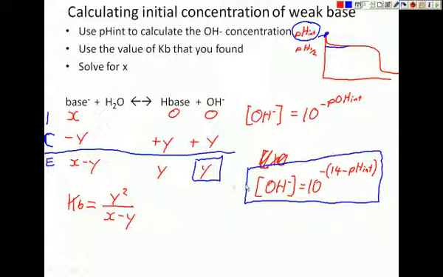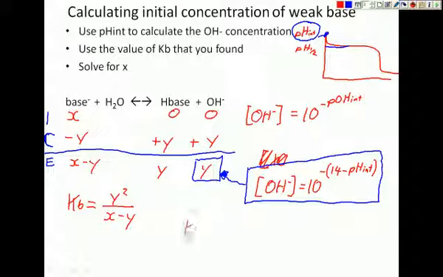That's how we calculate the concentration of OH at equilibrium, which is equal to Y. Since we now know Y, we know this in our Kb formula, and we know Kb.